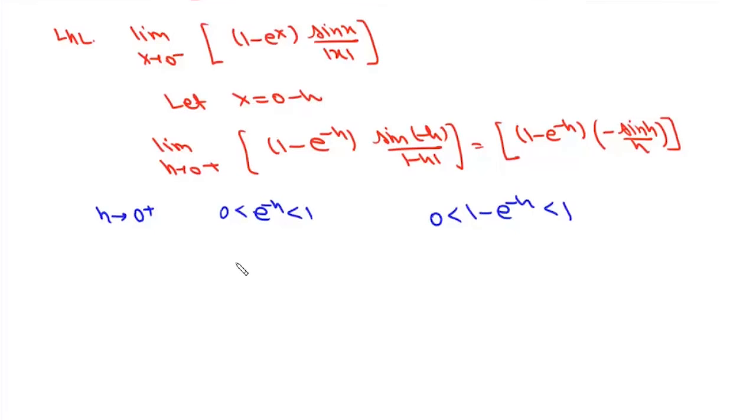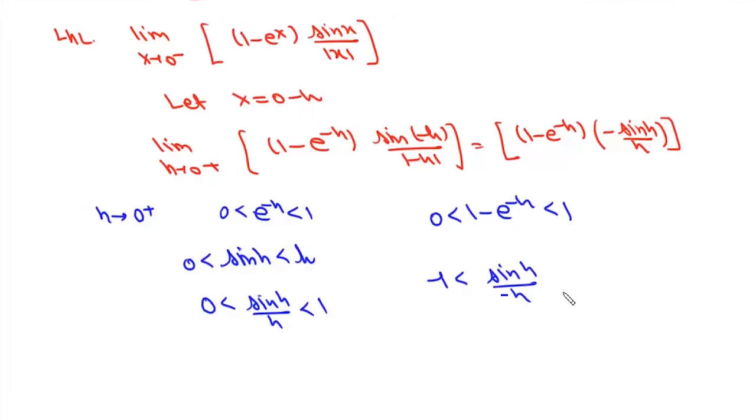In the same way, we know that if h is positive and nearly 0, then sin h is less than h, and it will be greater than 0, or we can say sin h upon h will lie between 0 and 1. And if we multiply it with minus, then the value of minus sin h upon h will lie between minus 1 and 0.